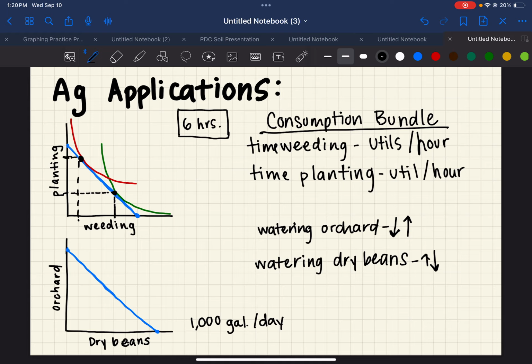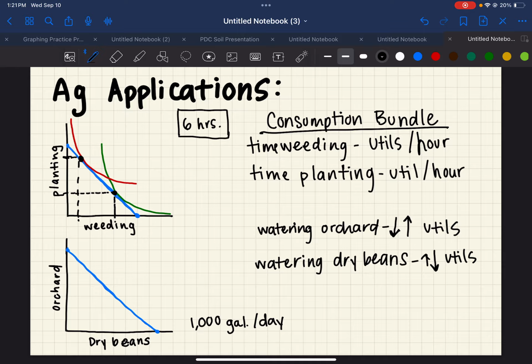So you would need to figure out, under all of these different circumstances, taking all these things into account, your utils for spending different amounts of water watering the orchard, and your utils for the gallons of water watering the dry beans.